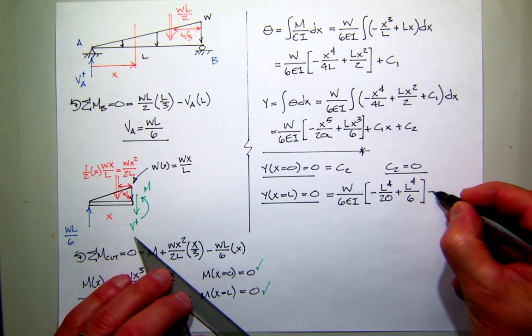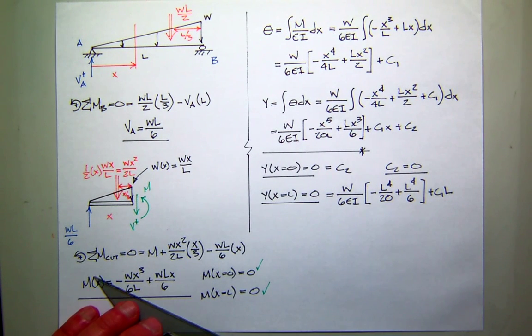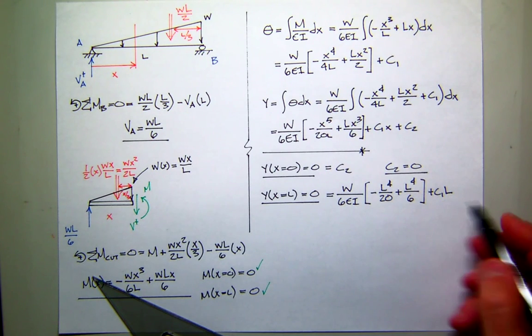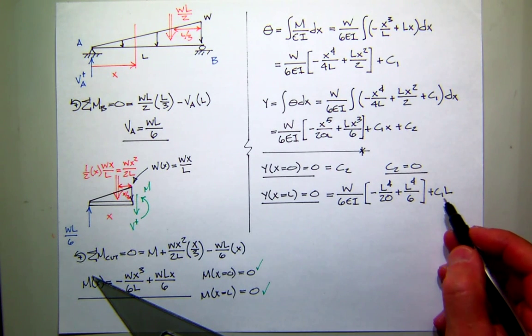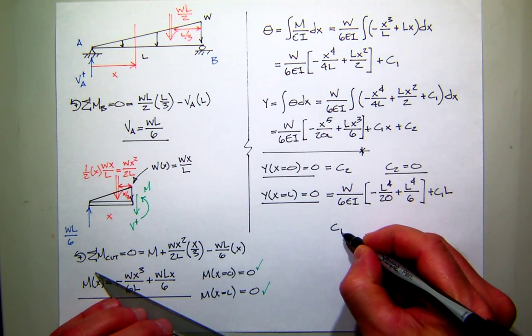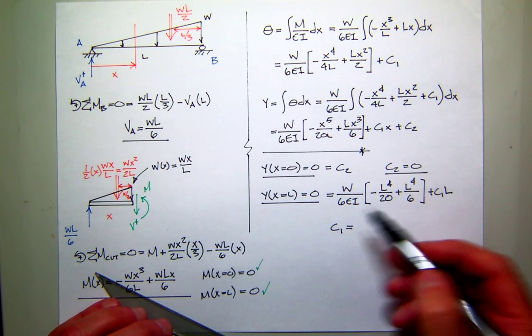And then I've got plus C1 L. So really all you have to do is, this is equal to 0. So you need to solve for C1. So therefore C1 is going to be what? Divide everything by L and put all this on the other side of the equation.